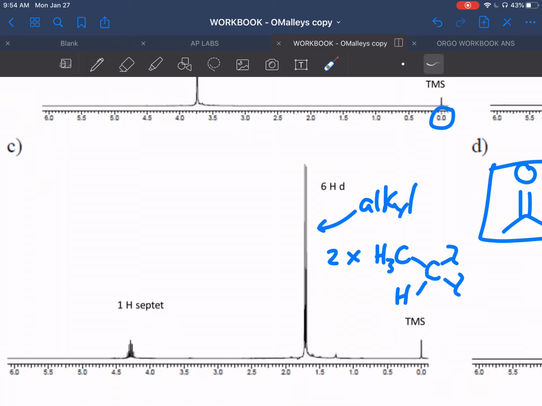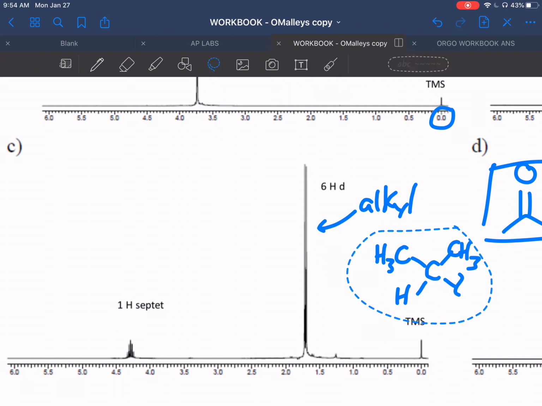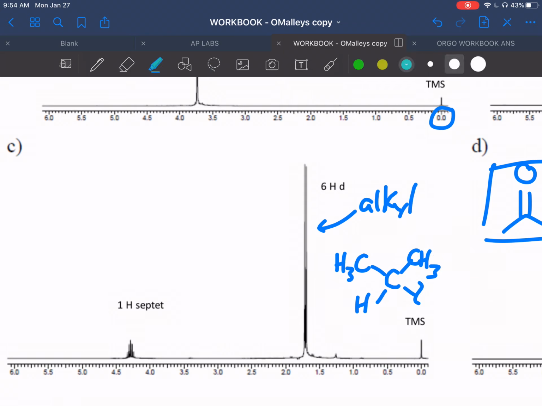In fact, if it's 2 of them, that means it could be 2 methyls on the same carbon. So we could actually draw a second methyl right on it. And that would make sense that that matches exactly what we see in this signal. So we've got 2 methyls, CH3, CH3. That would be a 6-hydrogen signal.